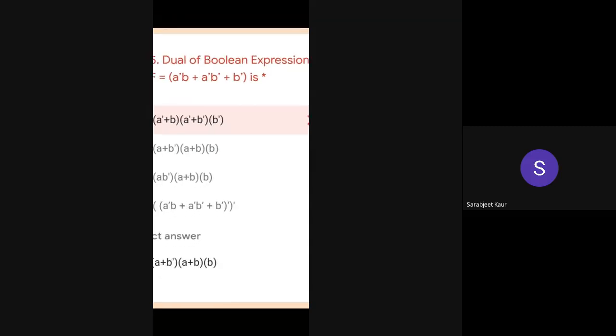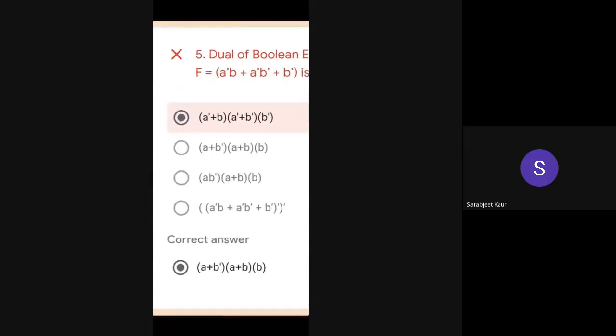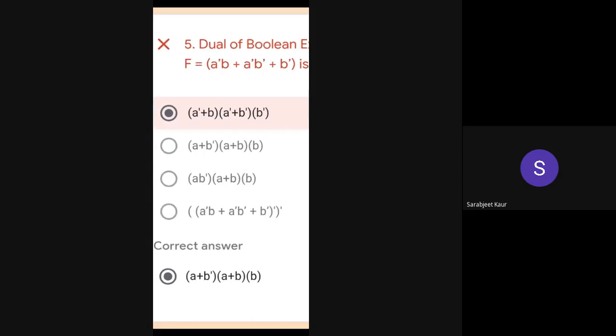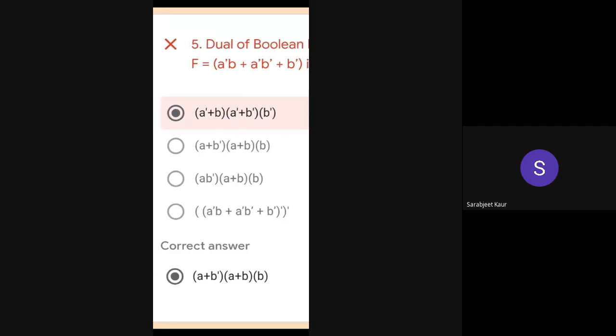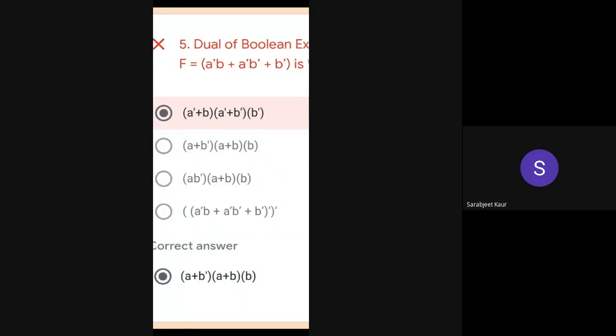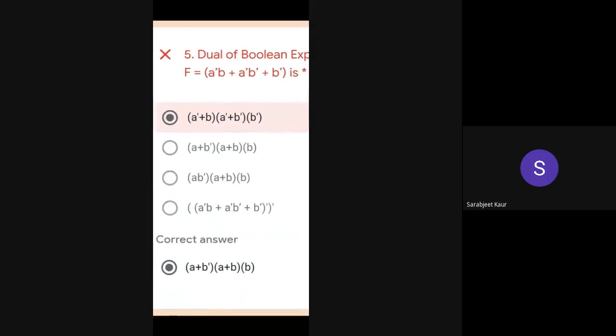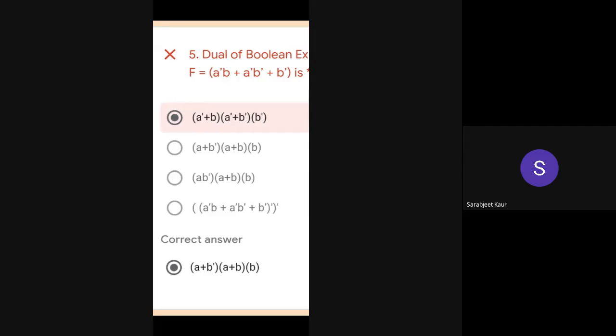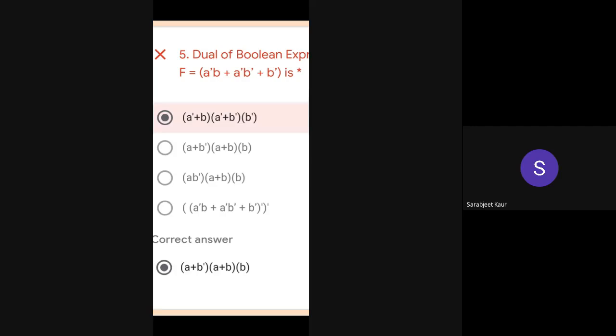So it will become A or B dash, A or B into B. Since this answer is not mentioned here in any of the options, I will be giving you 1 mark.